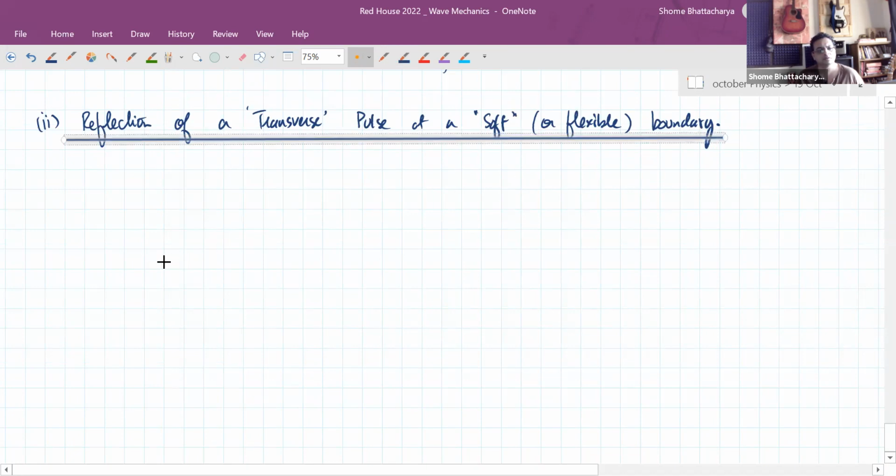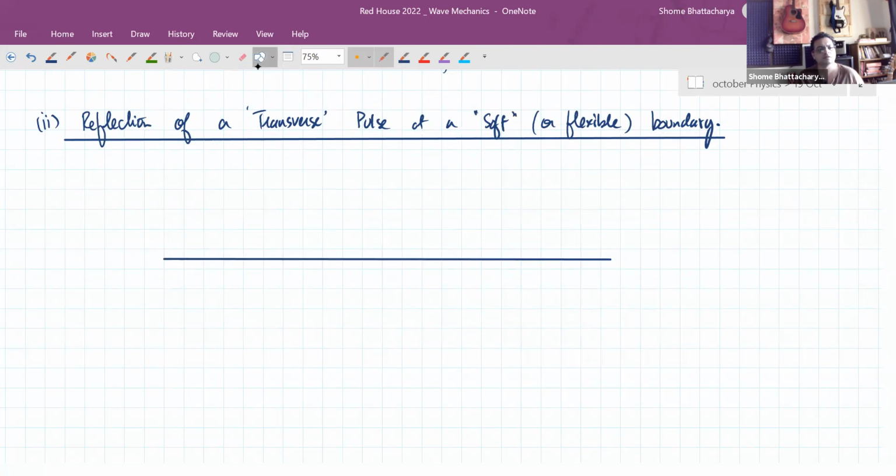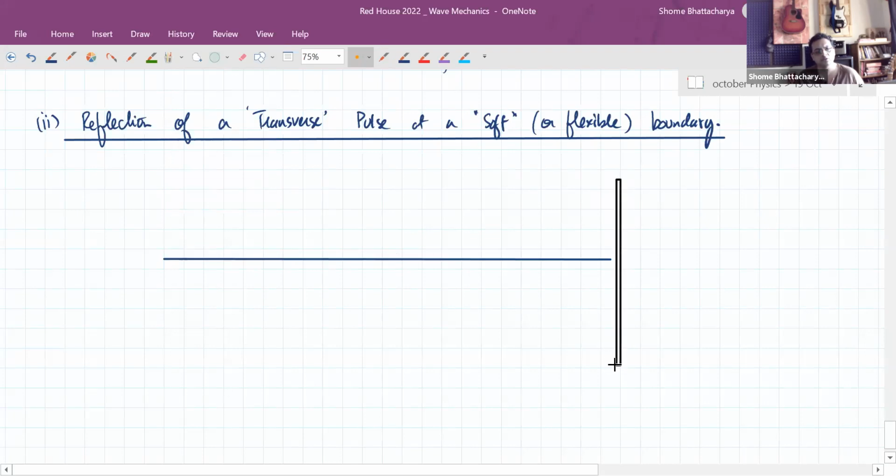Now imagine a long string which instead of rigidly being attached to a wall, rather, it is attached to a ring which can slip without friction, or which can slip freely up and down in the transverse direction on a smooth fixed pole.